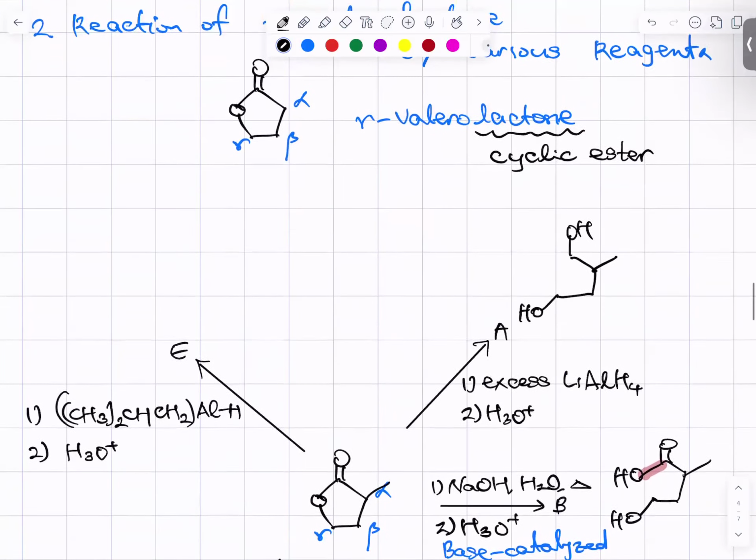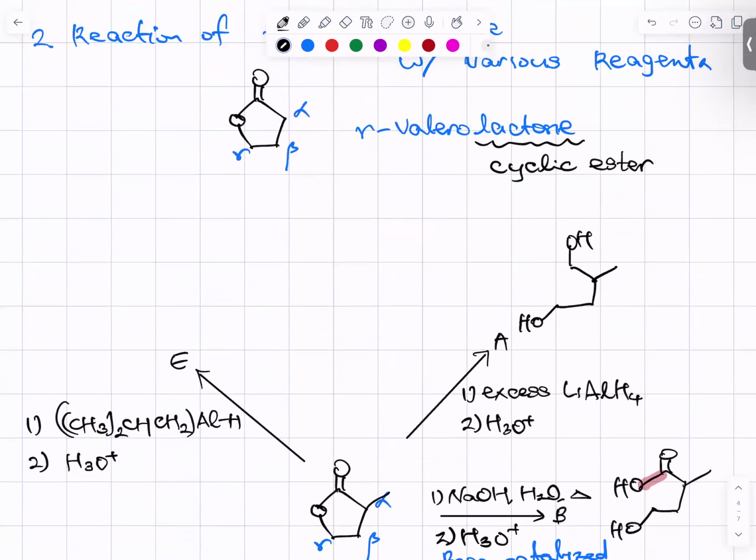And finally, when you use diisobutylaluminum hydride, DIBAL-H, negative temperature is very important. You need to have negative 60 degrees C. In toluene also, the solvent will be toluene, and acid workup, then it will be forming an aldehyde.